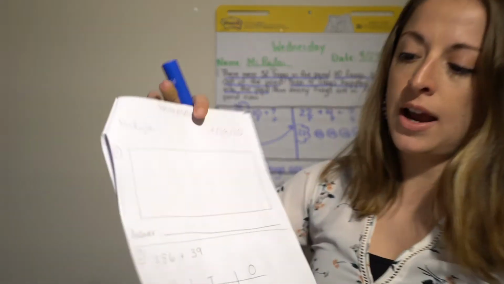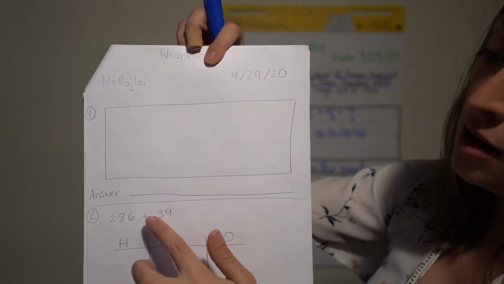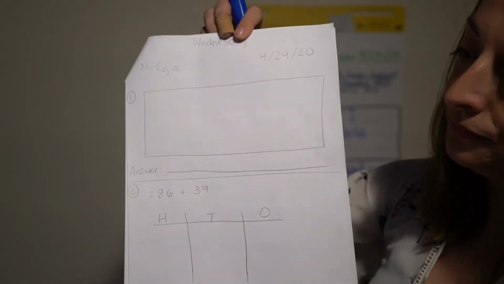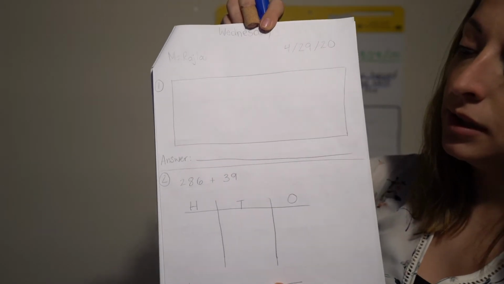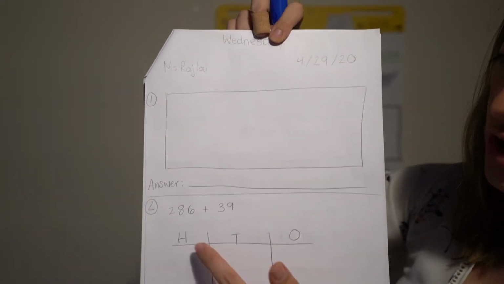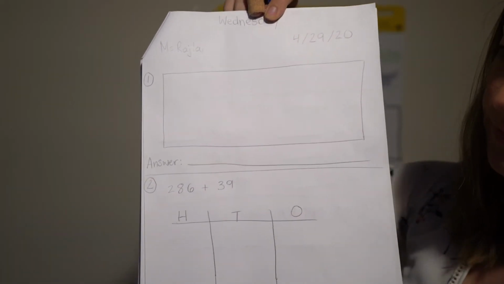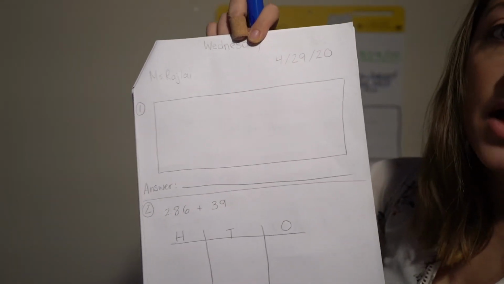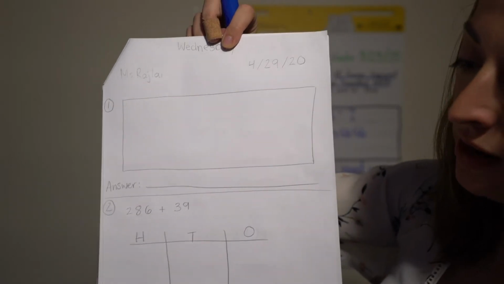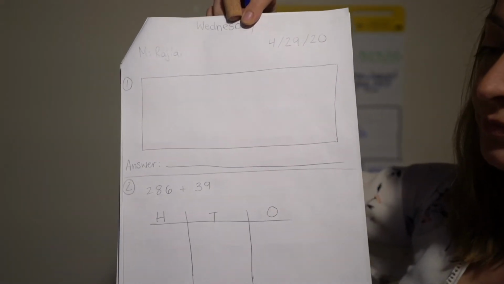At the top, you're writing 286 plus 39. Then you're drawing your HTO chart. And then below your HTO chart, you're writing value with a blank line.